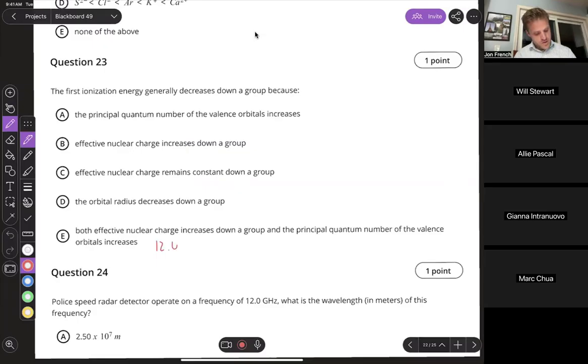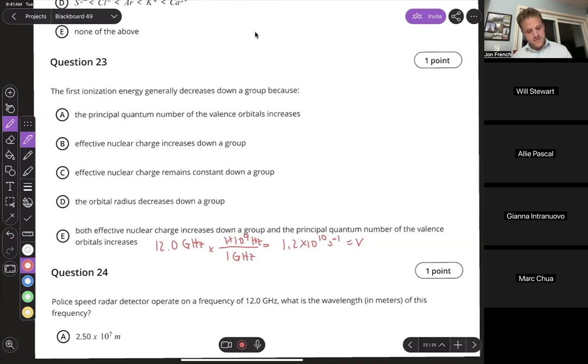So 12 gigahertz: for every 1 gigahertz, we've got 1 times 10 to the 9 hertz. So I've got 1.2 times 10 to the 10 hertz, which is inverse seconds. So that's my frequency.